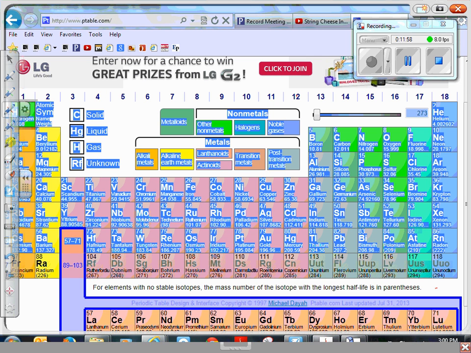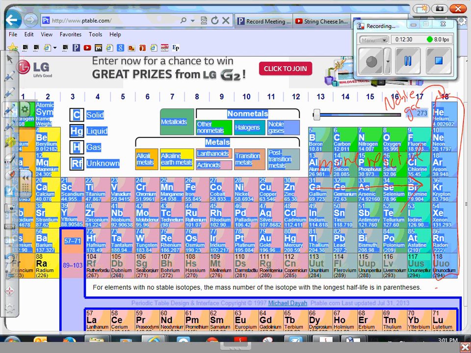So if we go towards the edge, not including this right here, this gets more reactive as a trend. Except for these over here. Do you know what these guys are called? Noble gases. These are called the noble gases.